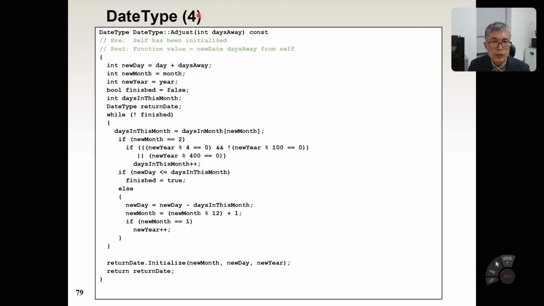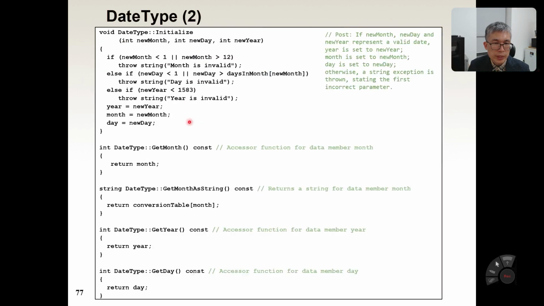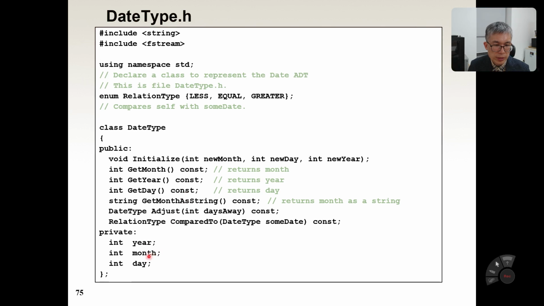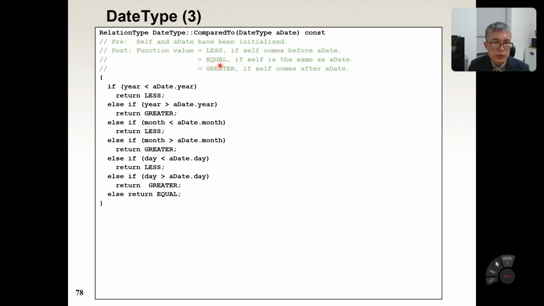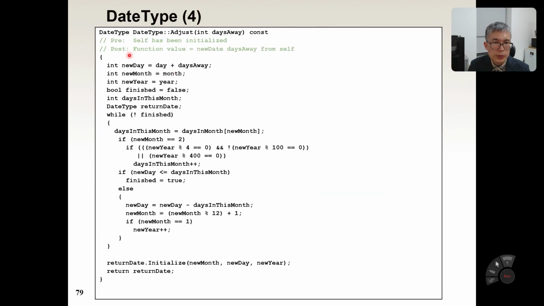And adjust days. So we add days, okay, to the member variable, right? In the class, the day here. So we adjust: the days, new day, the month, new month, year, new year, the finish, right?